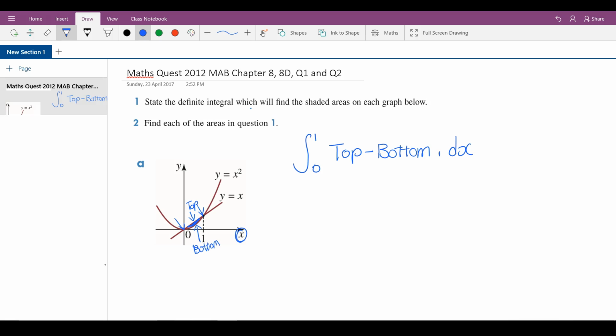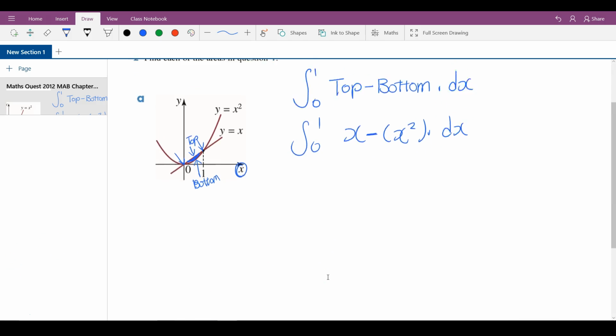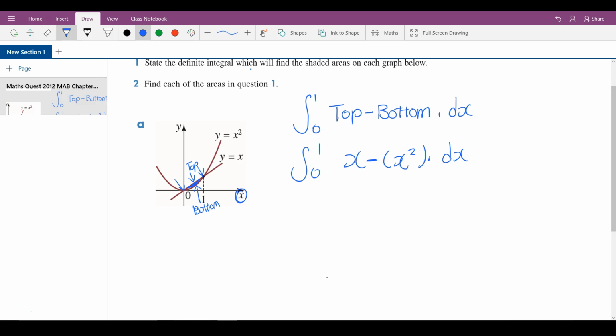Then we can put it in. So 0 and 1. The top is x minus the whole thing, x squared, then integrate with respect to x. We expand the bracket with the negative in there, so it just becomes x minus x squared dx.